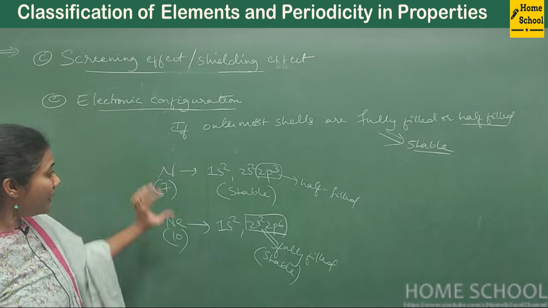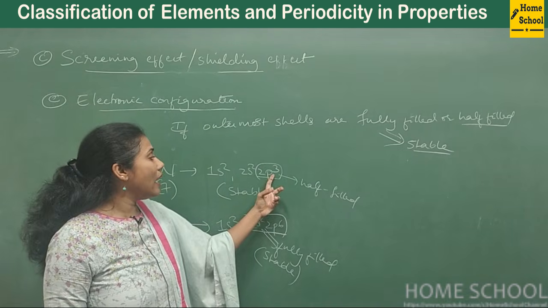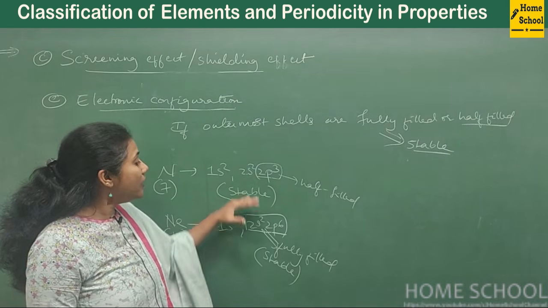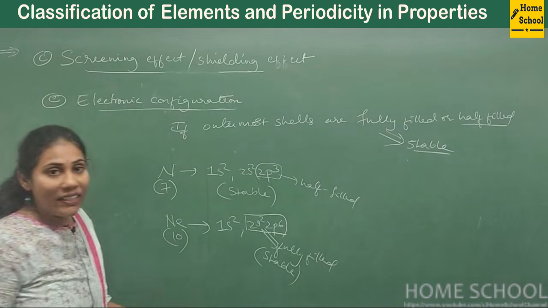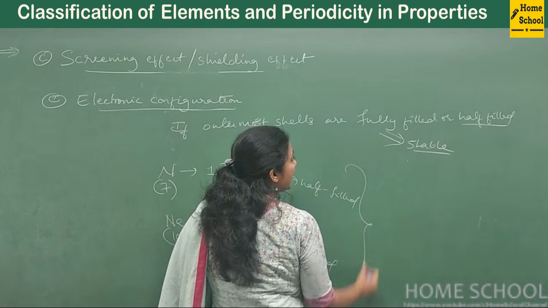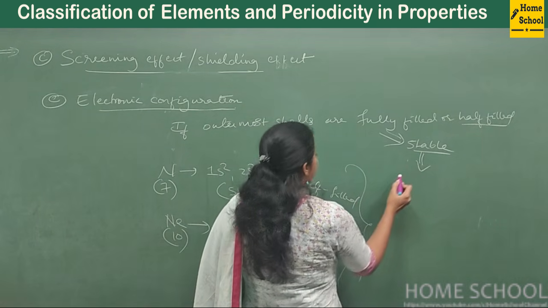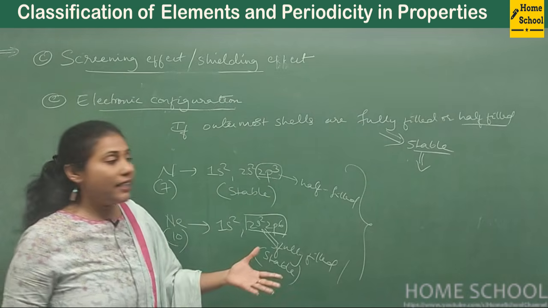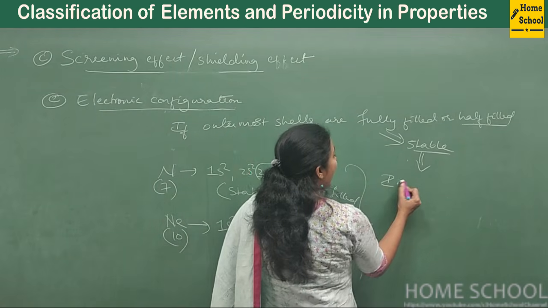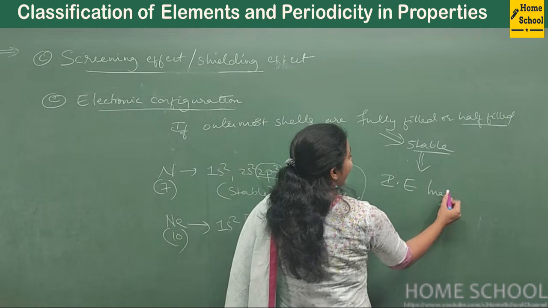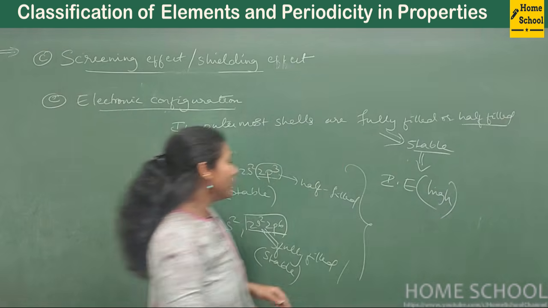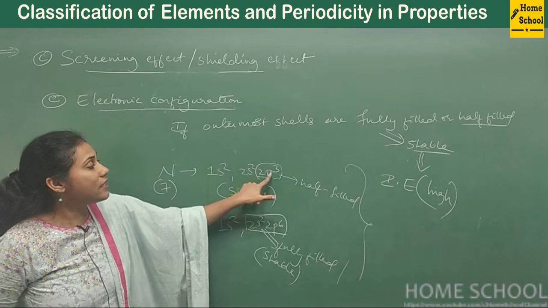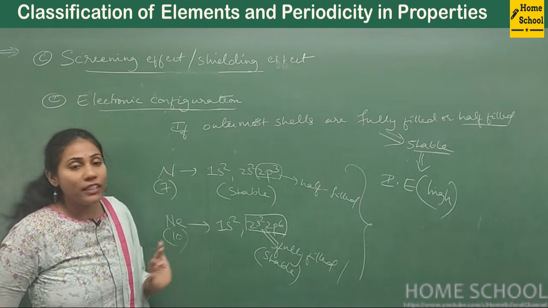This condition is also considered a stable condition. So if an element shows half-filled orbitals or fully filled orbitals, then we say that particular electronic configuration is very, very stable. If electronic configuration is stable, then you cannot remove these electrons that easily, so very high ionization energy you have to supply. It's not easy to remove the outermost electron of nitrogen because it has a stable electronic configuration.